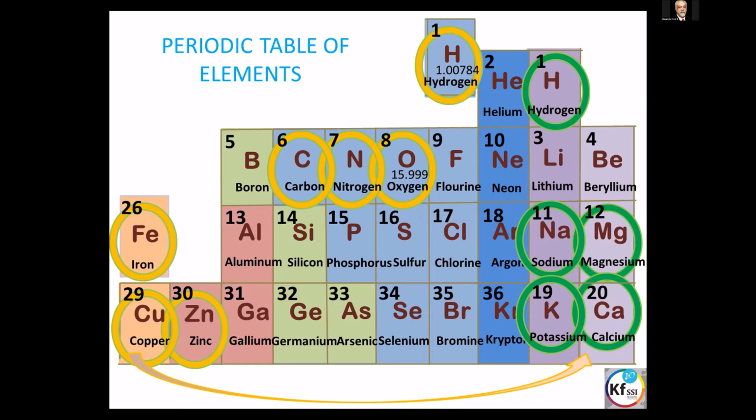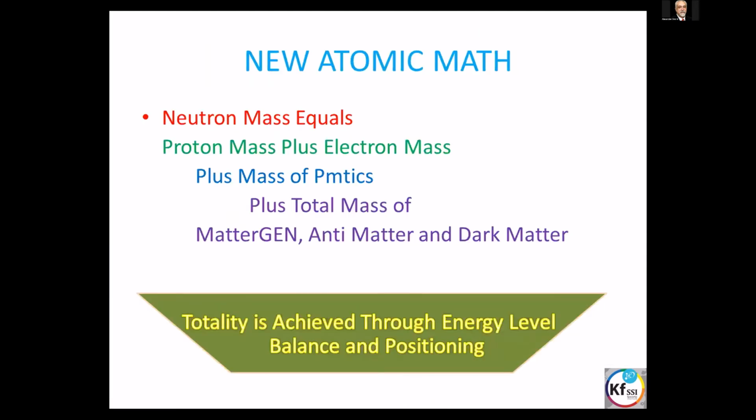So when we look inside and we discuss the new atomic math, to overcome that fudging of the mass, we had to take into account other things that we couldn't see. So when we discuss the neutron mass, yes, it equals the proton mass and the electron mass, but it never balanced. There was always something missing. And so what was missing was the mass of the PM ticks, plus the total mass of the mattergen, antimatter, and dark matter.